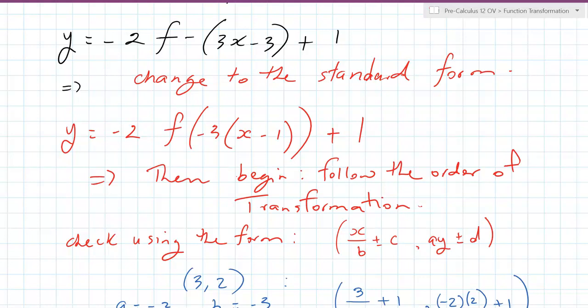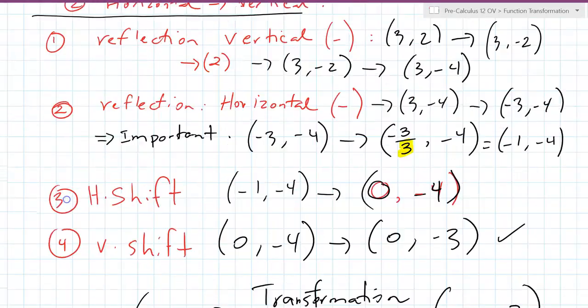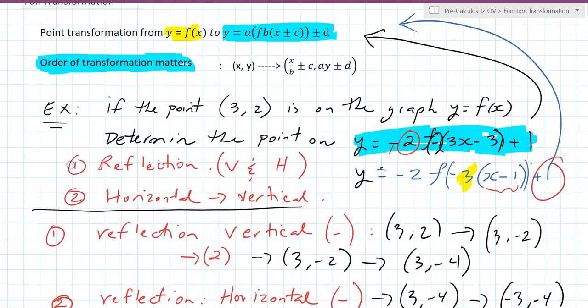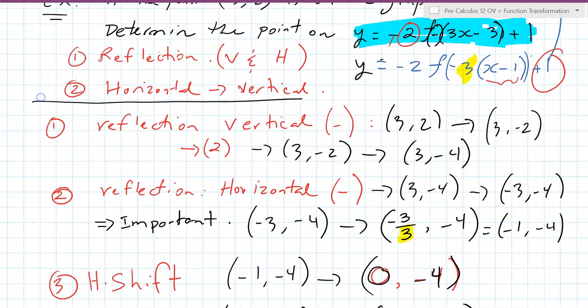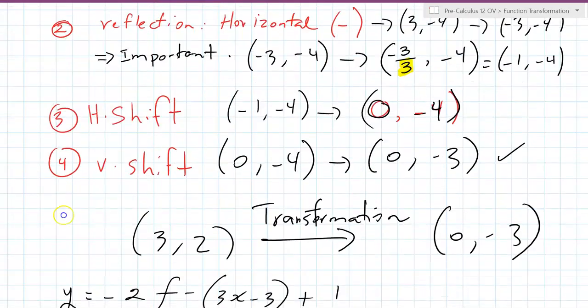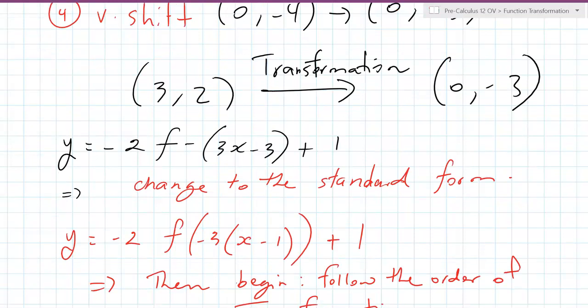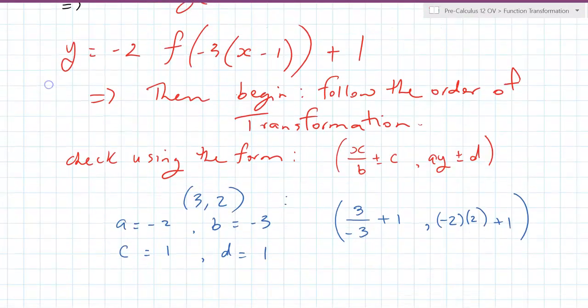Now, if you want to check, remember I gave you at the beginning this point transformation, which is right there. You can actually plug in the values for a, b, c, d, and then do the transformation and check. And in this case, when you do that, sure enough, you'll end up getting (0, -3), and that's the coordinate.